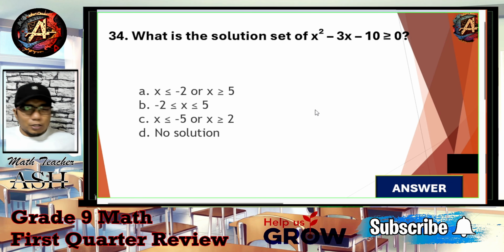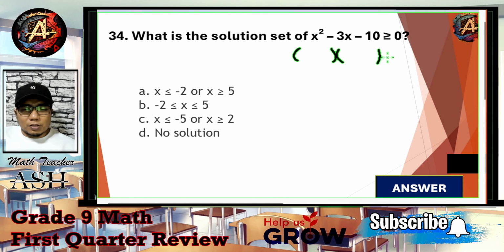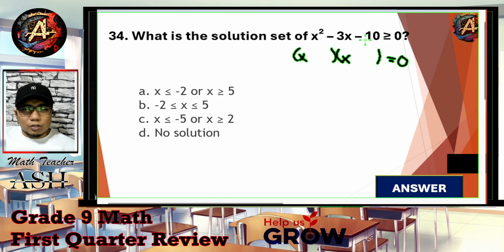Alright, my dear math learners, now, of course, we need to get first our critical numbers in this situation. So we will be using two factors and equate it to 0. The factors of x squared are x and x. The factors of negative 10 are 5 and 2.